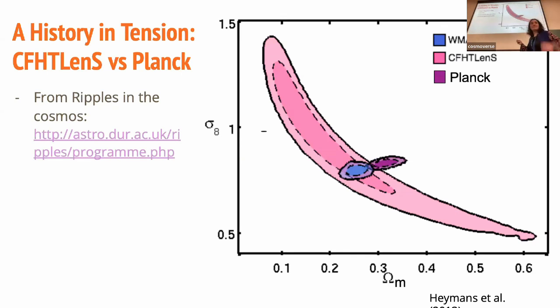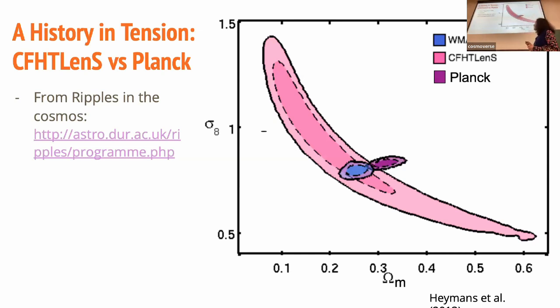And sigma 8 is the amplitude of clustering, and then we have omega m, the matter density, and these are the constraints that you get from CFHTLenS, which was one of the first weak lensing surveys that actually could set constraints on parameters.